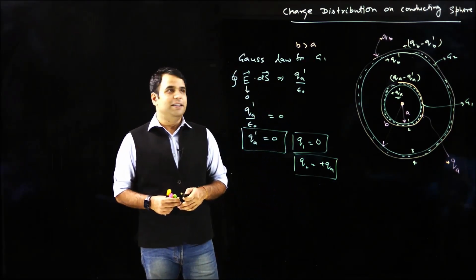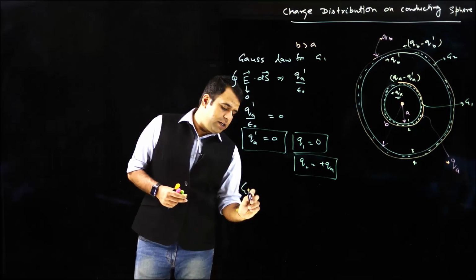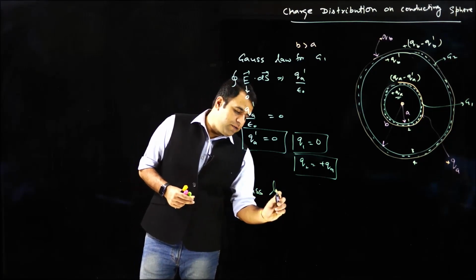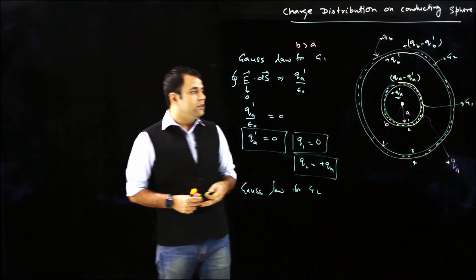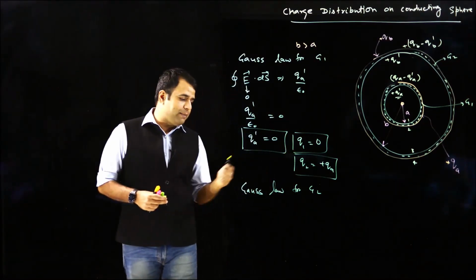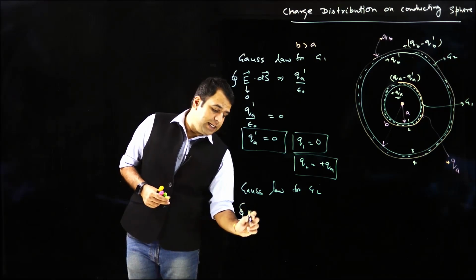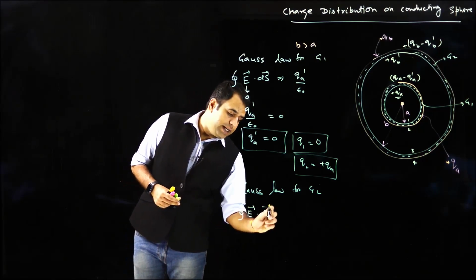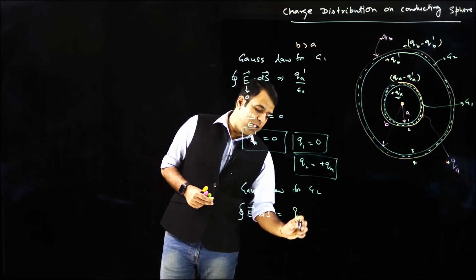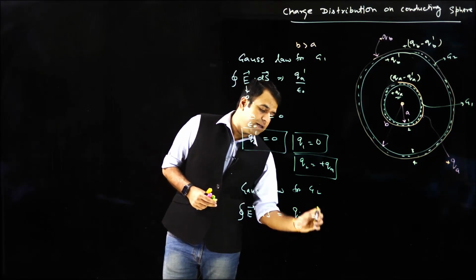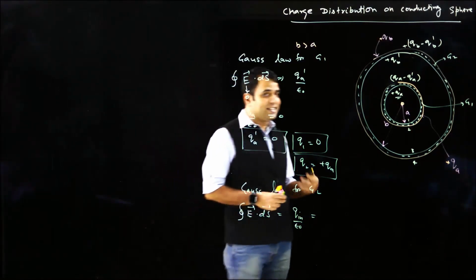Now we'll apply Gauss law for G2, the second surface. Applying Gauss law, the integral of E dot ds equals Q in upon epsilon naught. Now let's count the inside charge.